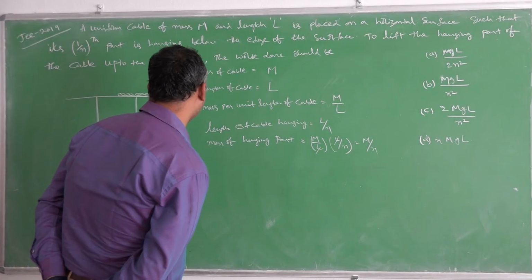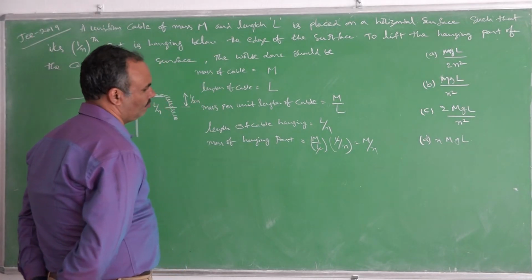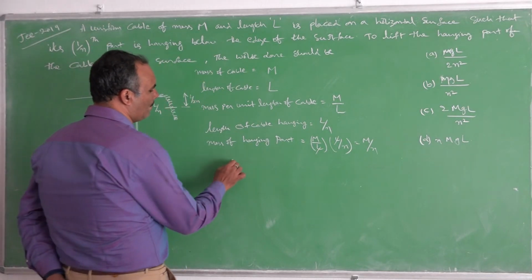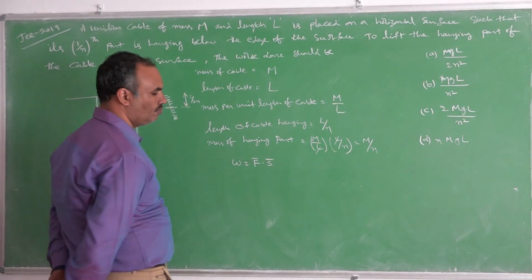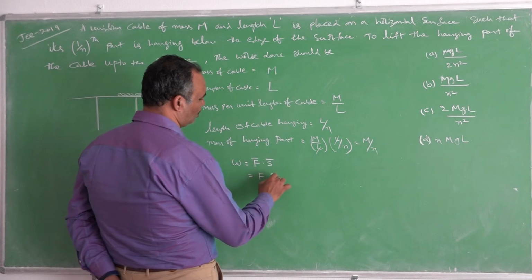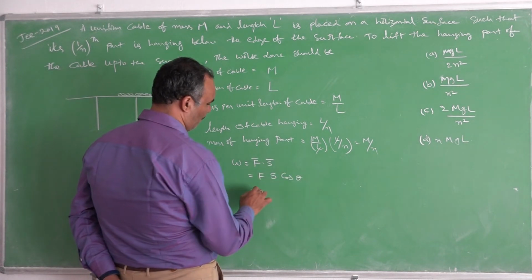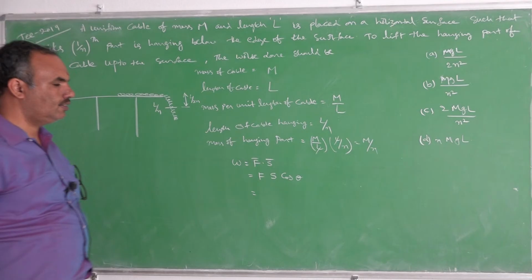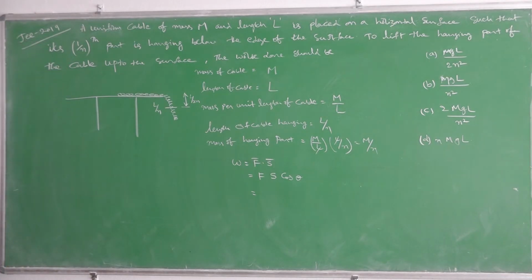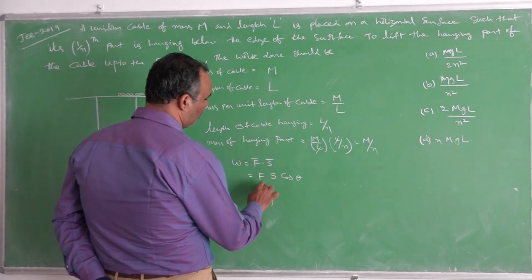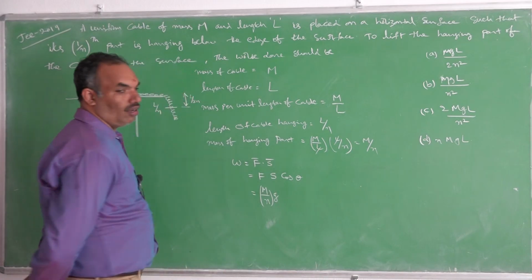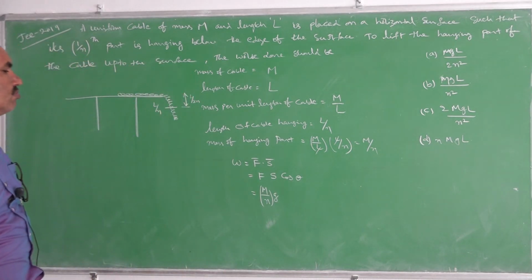So, work done is F bar dot S bar, nothing but Fs cos theta. The force required to lift is nothing but the weight of the hanging part. Mass of the hanging part is M by N, so M by N into g will be the weight of the hanging part, which is acting in the downward direction.